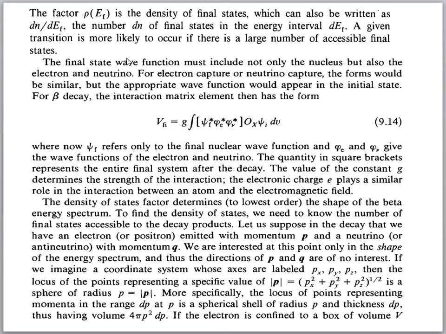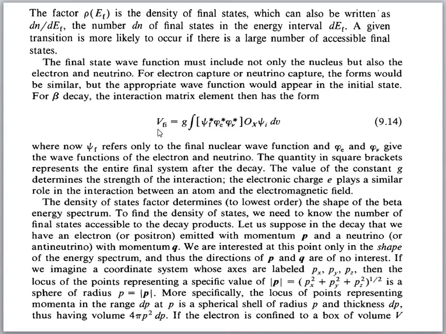A given transition is more likely to occur if there is a large number of accessible final states. So the final state wave function must include not only the nucleus but also the electron and neutrino.